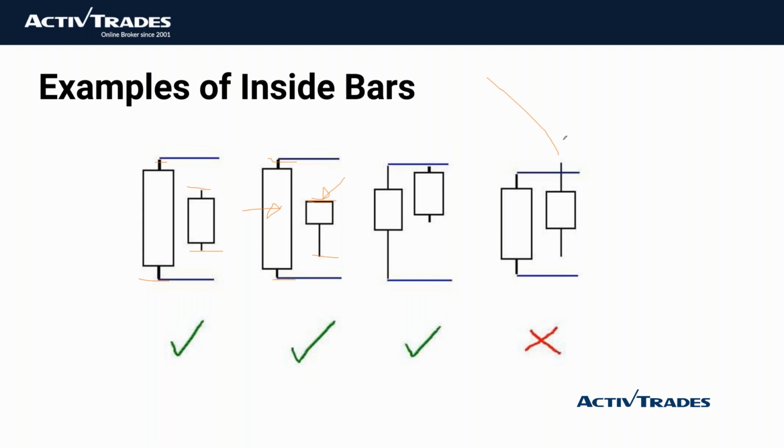This one is not an inside bar. And why is that? That's because the wicks, the high of that particular candle, traded higher than the high of the previous candle. Some people like to identify candles off the main body of the candlestick. That is not me. For me, that does not count as an inside bar.